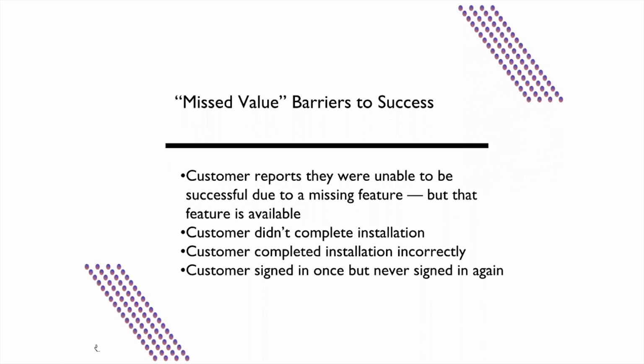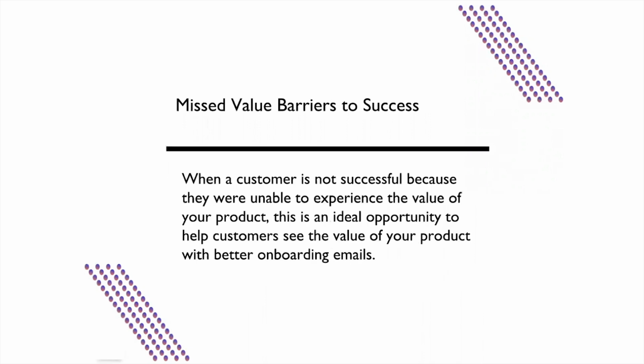Maybe they completed the installation incorrectly, or maybe they came in once, but they never signed in again. These are all people who started solving their problem, but then the reason that they stopped was because they didn't do something or they didn't see something that your product can do to deliver them value. And these are, again, your biggest opportunities when you are writing onboarding emails: to help people complete the steps that your product can help them complete to be successful.